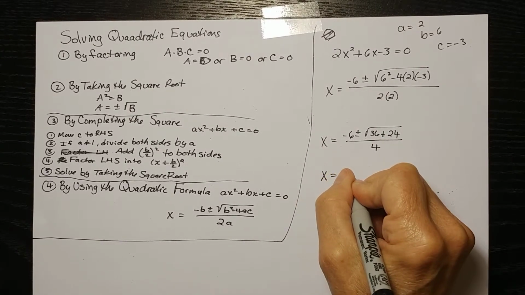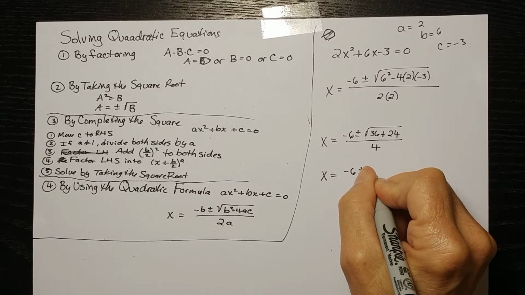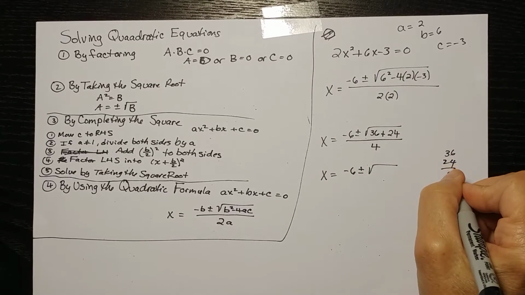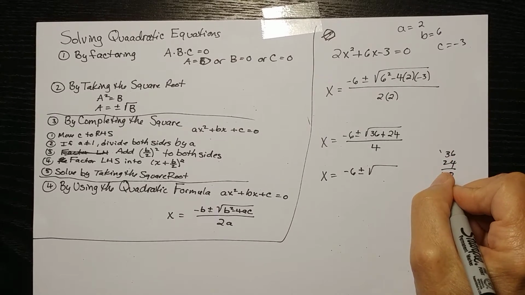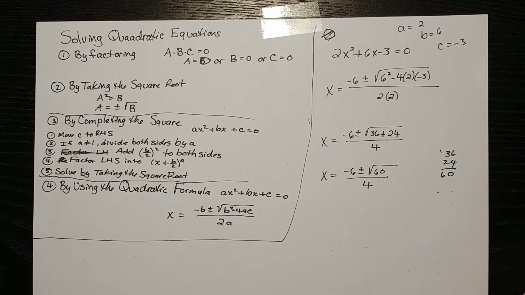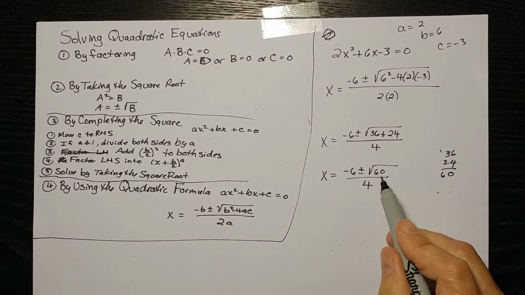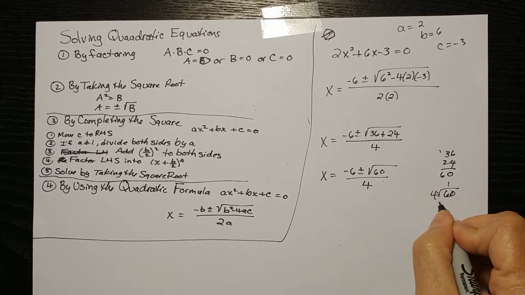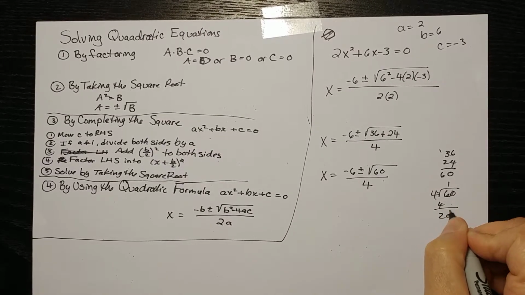x is equal to negative 6 plus or minus the square root. 36 plus 24 is 60. This is a 60 over 4. Let's see. Now I need to try to simplify this. Are there any perfect squares in 60? I think 4 goes into 60. 4 times 15.